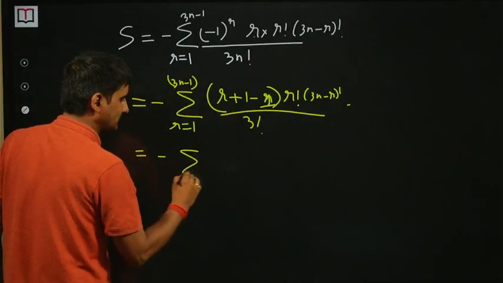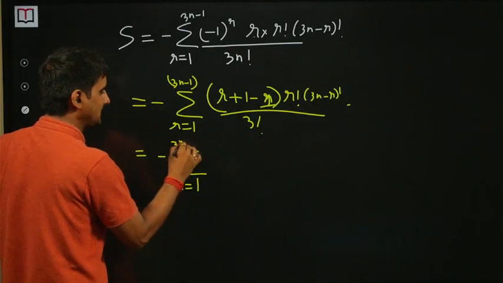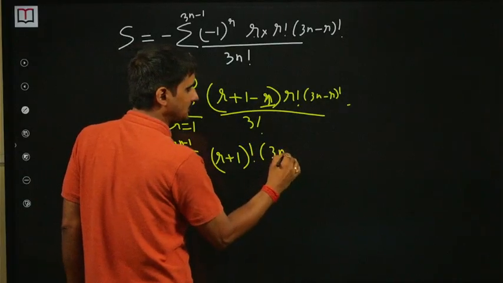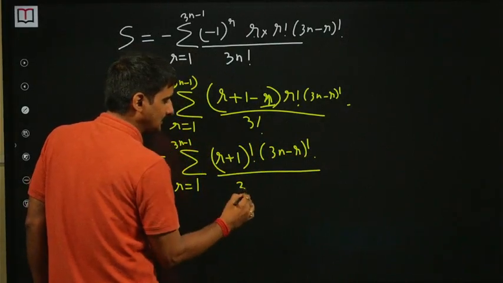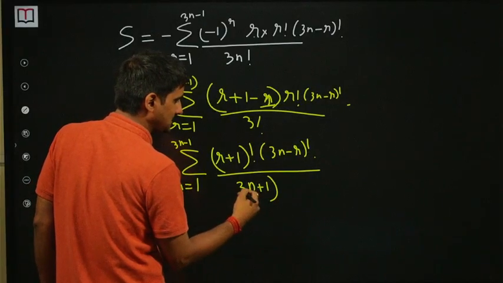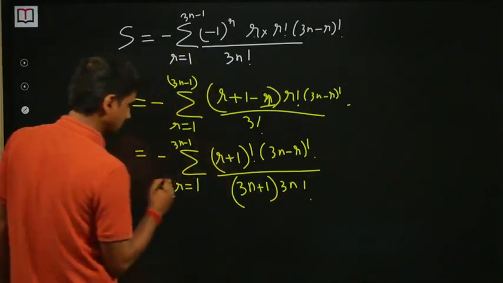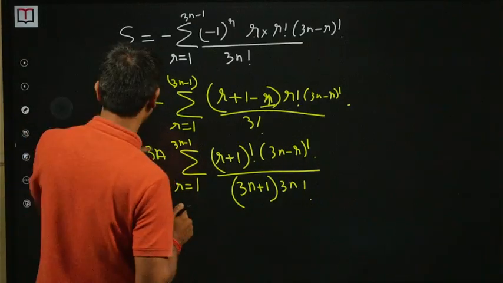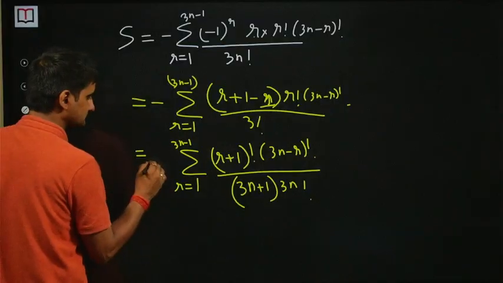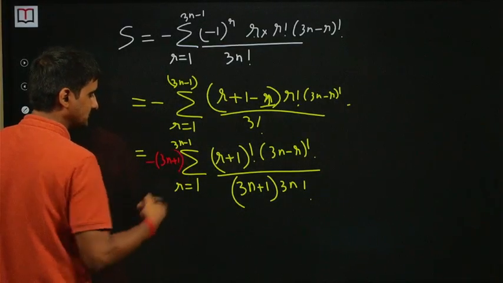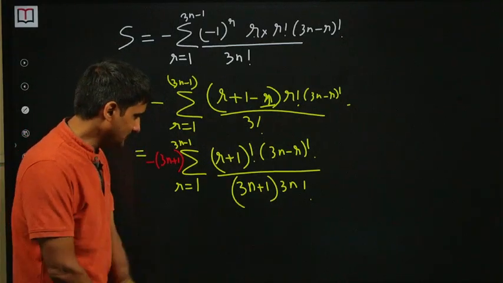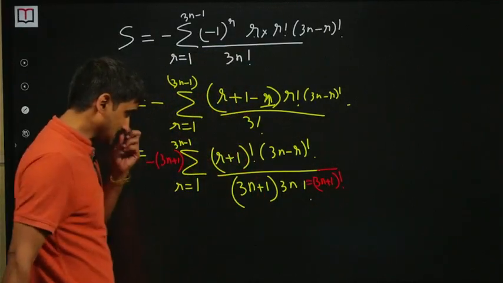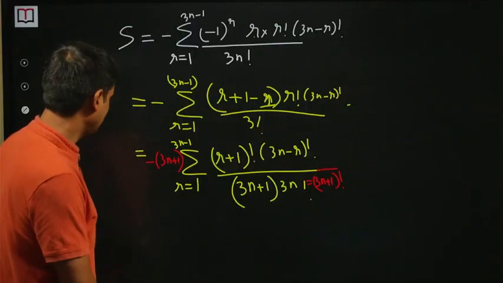So minus summation r goes from 1 to 3n minus 1, and then this is r plus 1 factorial, 3n minus r factorial, multiply and divide by 3n plus 1, isn't that? So it will be 3n plus 1 outside here. So that's balanced, because the denominator is of course 3n plus 1 factorial. So I'm writing it as 3n plus 1 choose r plus 1. Okay, let's see how does it help.